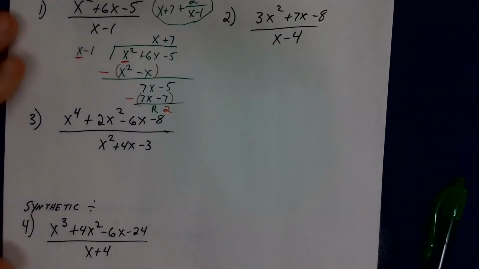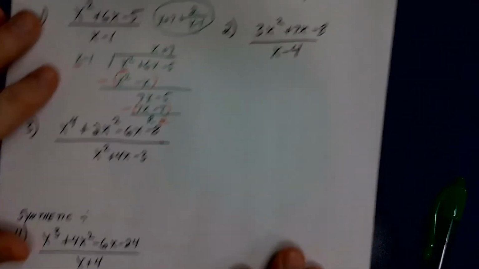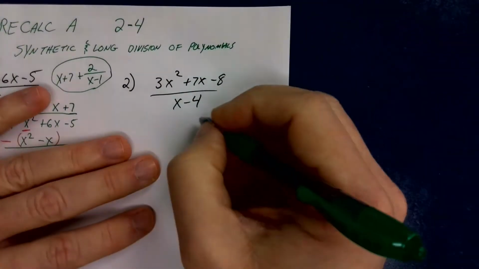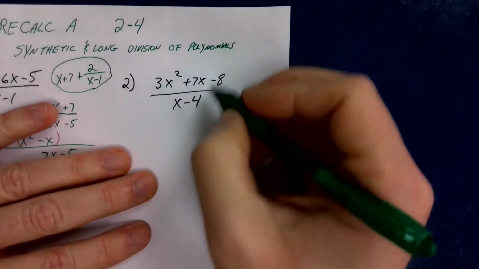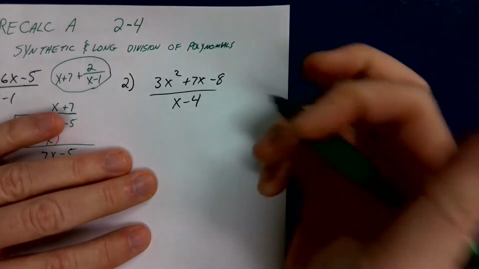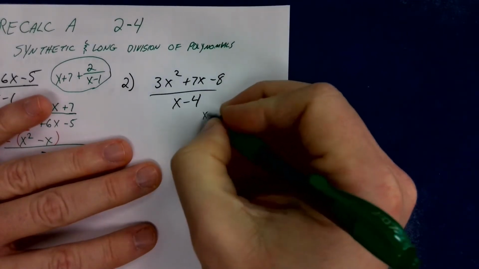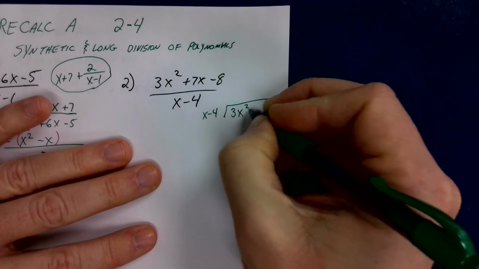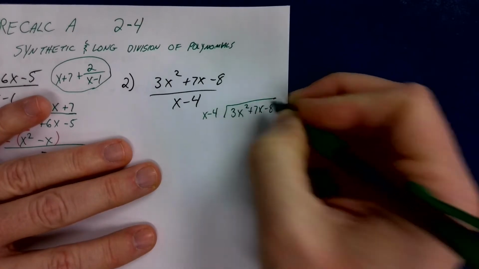But lots of times they don't go in evenly, and that's what we're going to look at right here with this one. So I'm going to try and do this. I want to know what this is with different numbers. Okay? So here we go. X minus 4 and 3x squared plus 7x minus 8.